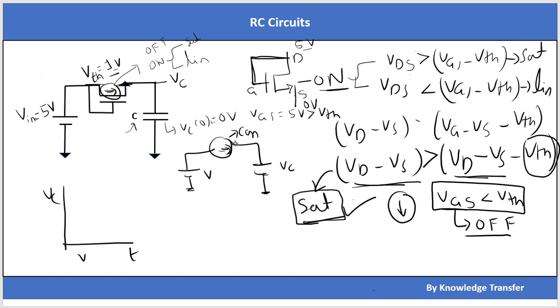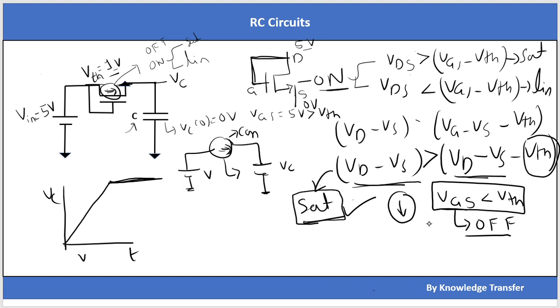Because the constant current flows into the cap, the voltage across the cap will increase linearly in this way, and after some time the cap voltage will saturate to some voltage when the MOS is off. When the MOS changes its region from saturation to off, at that voltage the MOS will turn off and the capacitor voltage will become stable.